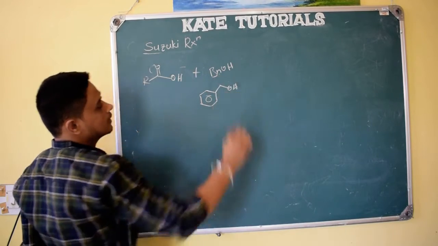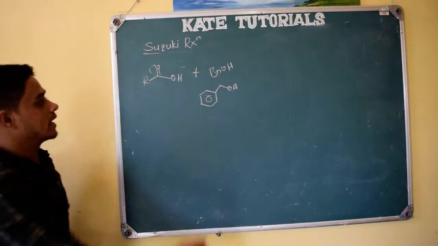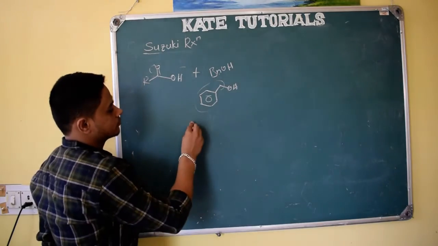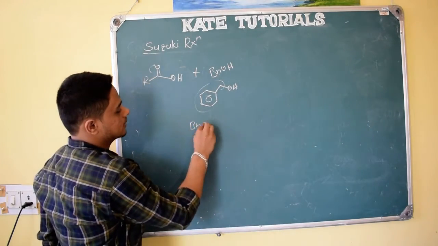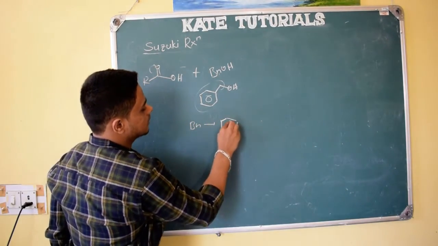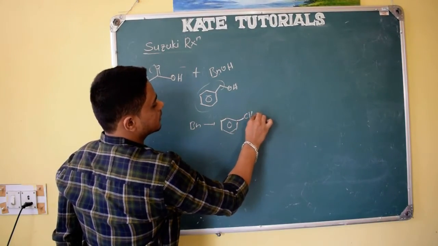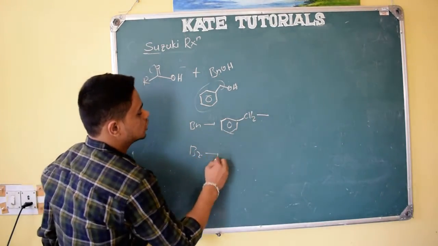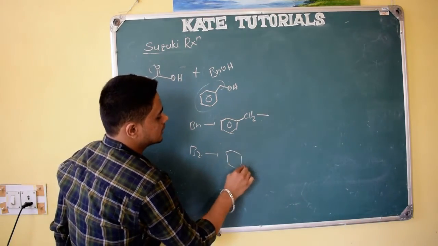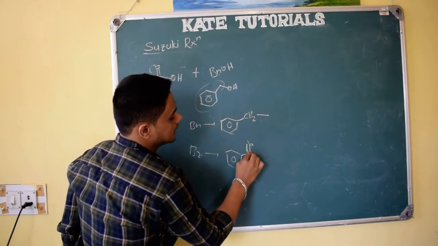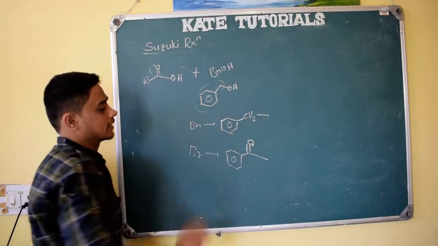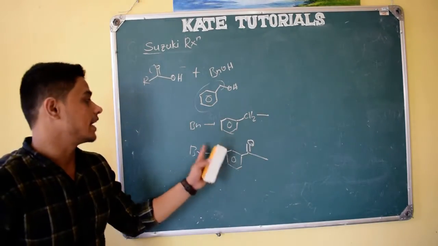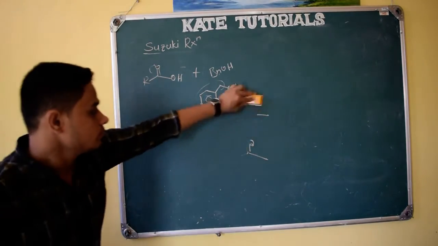Bn means benzyl, this benzyl: a C6H5CH2 group linked to something. Bz means benzoyl, C6H5CO, and this carbon is connected to something else, right? This is benzoyl and this is benzyl, right?